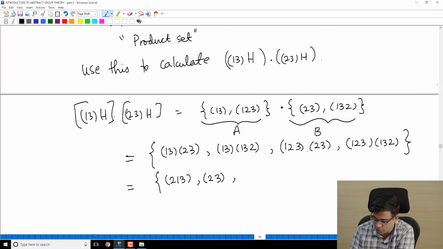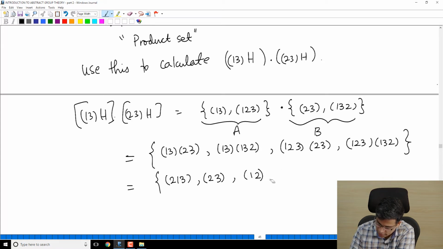Similarly (1 2 3) times (2 3): 1 is fixed here, and 1 goes to 2, 2 goes to 3, then 3 goes to 1, so 2 goes to 1, 3 goes to 2, that's fixed. Finally, (1 2 3) times (1 3 2): 1 goes to 3, 3 goes to 1, so 1 is fixed, 2 goes to 1, 1 goes to 2, so 2 is fixed, and 3 goes to 2, 2 goes to 3.